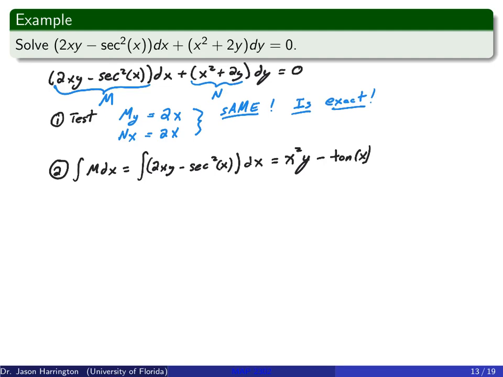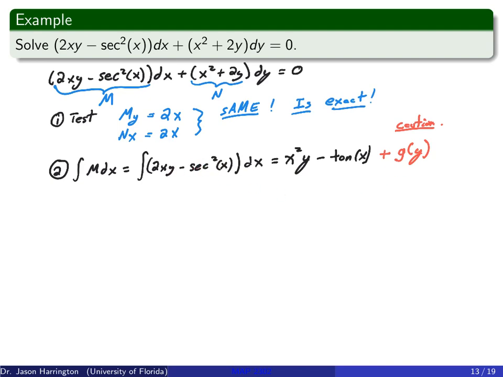And again, this is the part where you want to be cautious, because remember, we're taking the antiderivative with respect to x. So the constant is no longer just a constant, but remember, it's an entire function. Because I integrate with respect to x, any function in terms of y will also work, because the derivative of anything in terms of y is just 0, right?